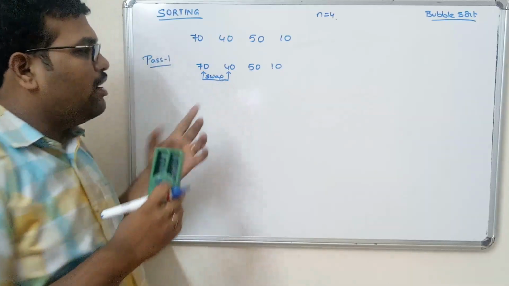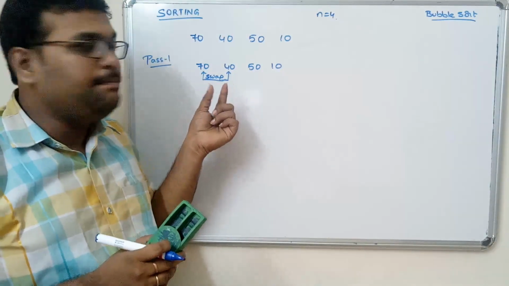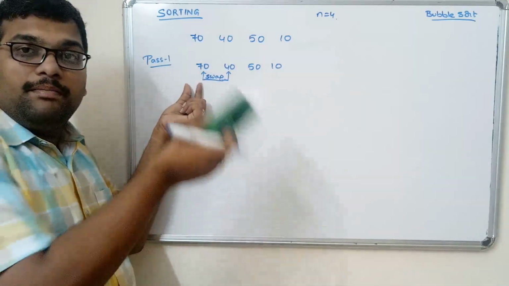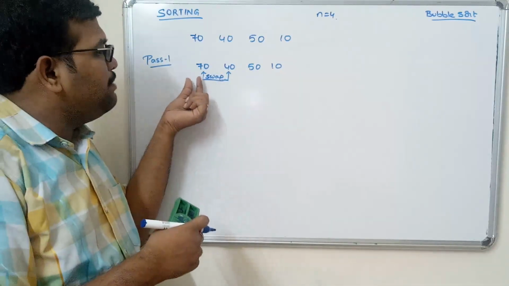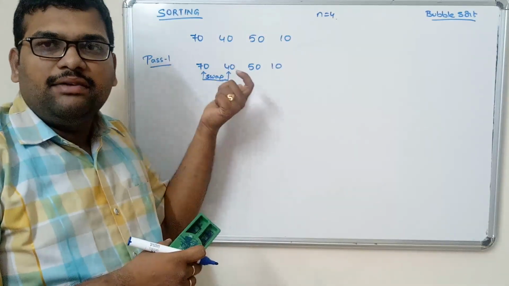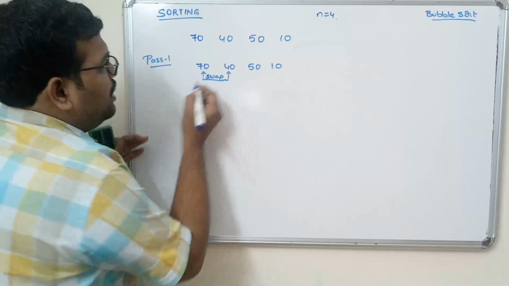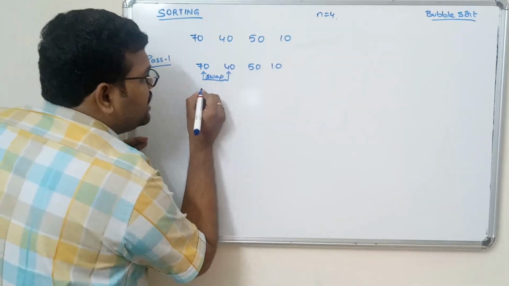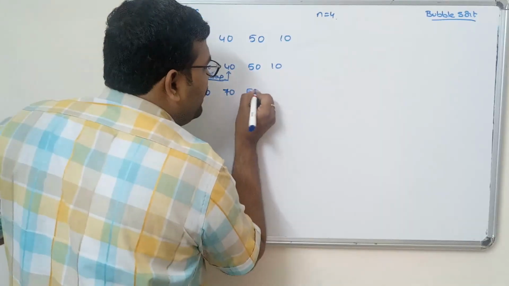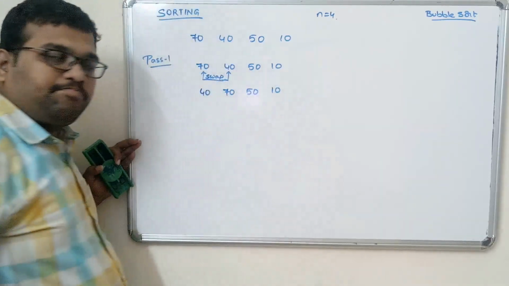That means we have to interchange the numbers: 40 must be brought to the first position and 70 must be sent to the second position. So the output for this is 40, 70, 50 and 10.